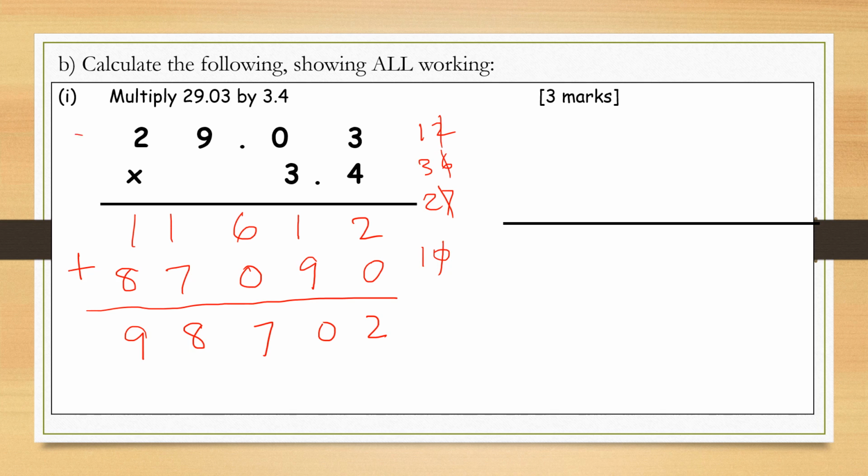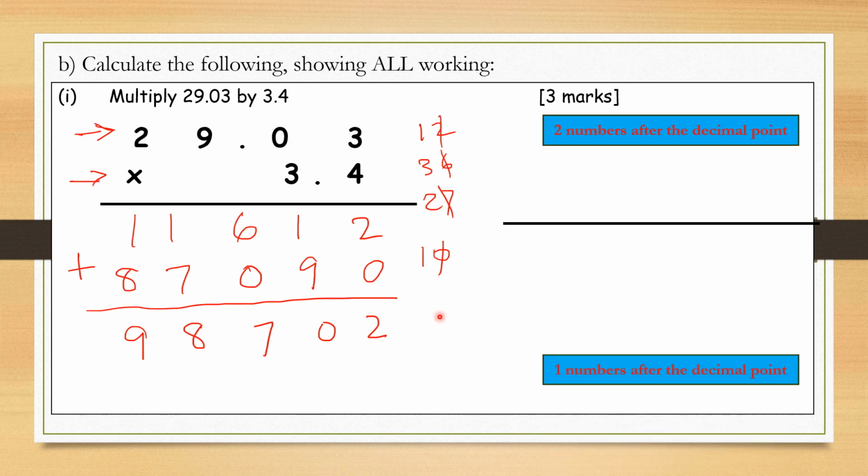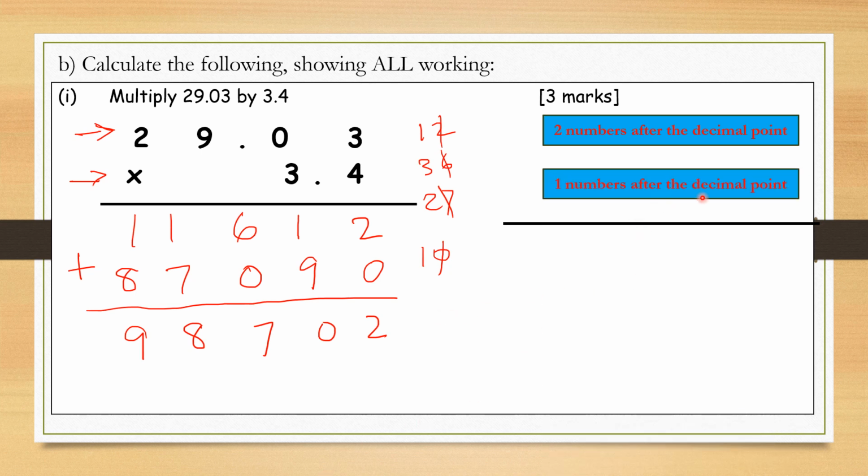In this decimal number, we have two numbers after the decimal point, or two decimal places. In this decimal here, 3.4, we have one number after the decimal point, or one decimal place.